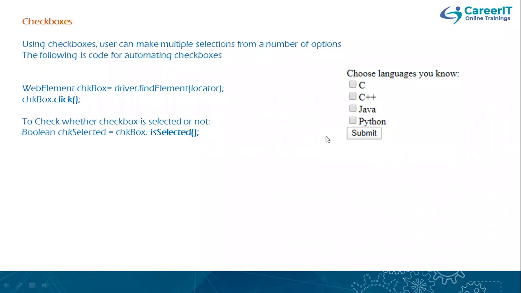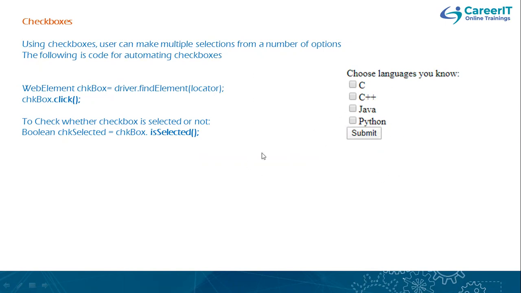So wherever you are doing a click action, you can simply use the click method and then automate that particular action. That's it. Okay. So for a checkbox also, you can use the isSelected method to check whether that particular checkbox is selected or not.